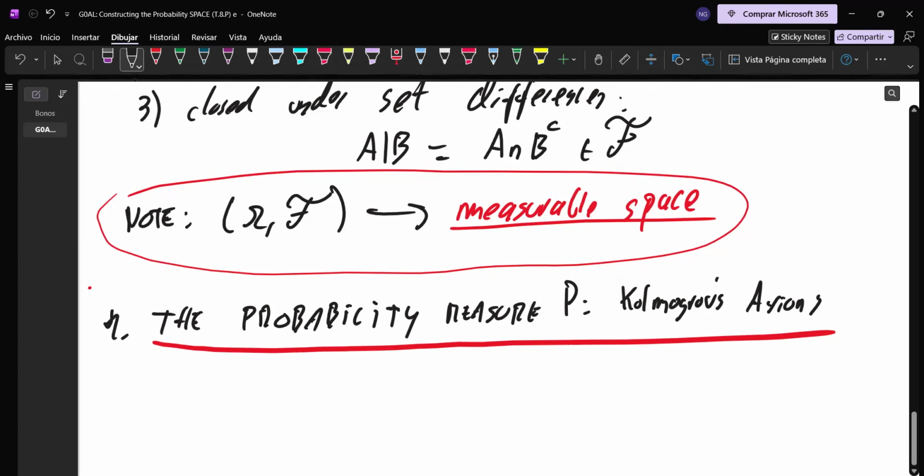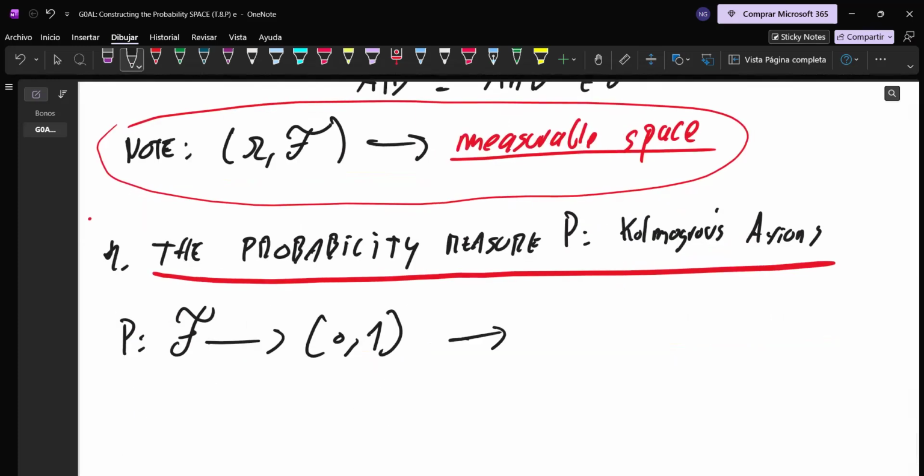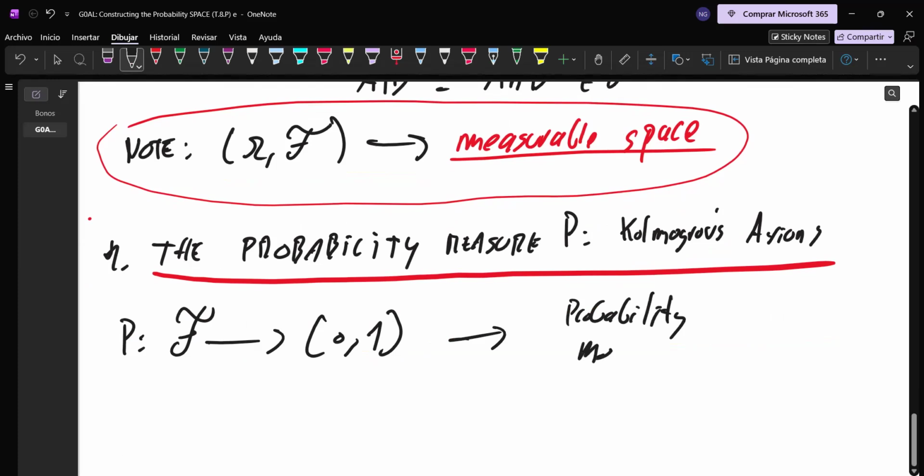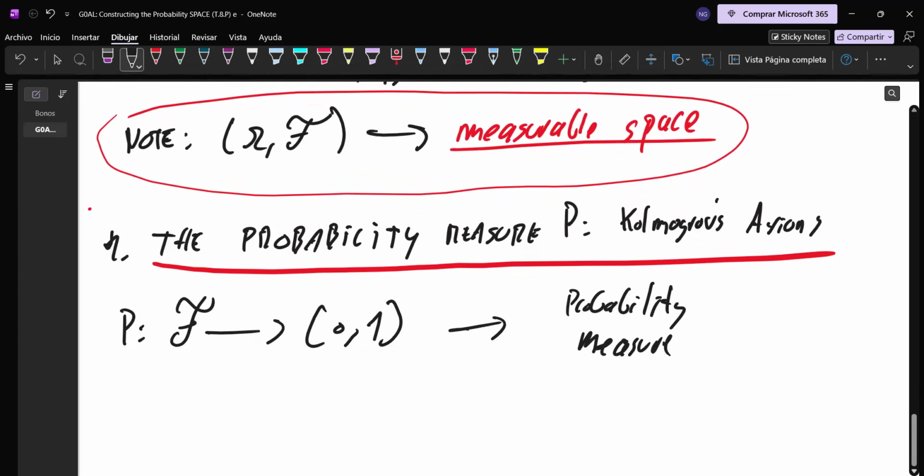So the first question is, what is the probability measure? Well, a probability measure is a map, a function. The function goes from F to [0, 1]. This is the classical picture.